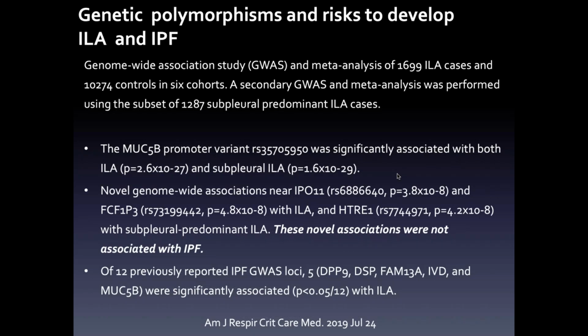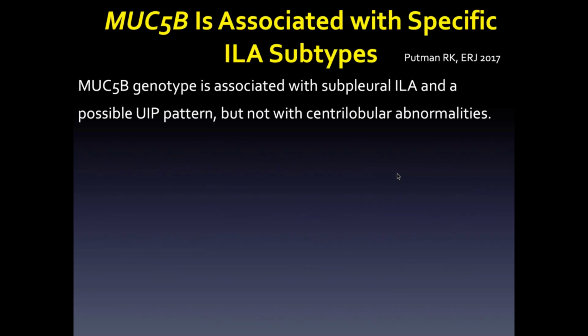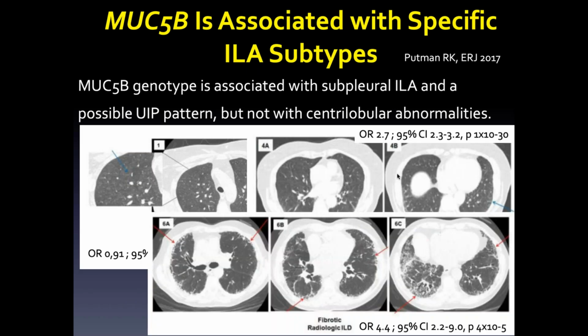So again, we have some genetic background, mainly involving MUC5B variant and interstitial lung abnormality. This polymorphism is mainly associated with some subtypes of ILA, the subtypes associated with peripheral fibrosis or even honeycombing and traction bronchiectasis, but with no cellular.